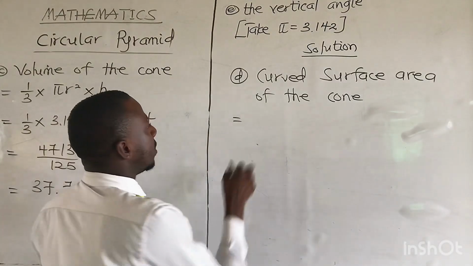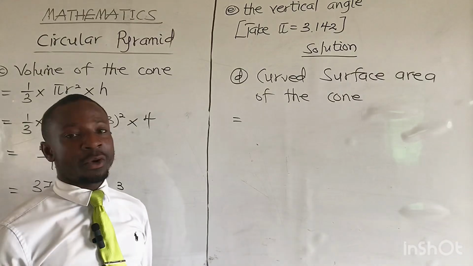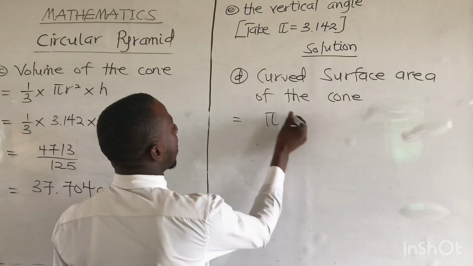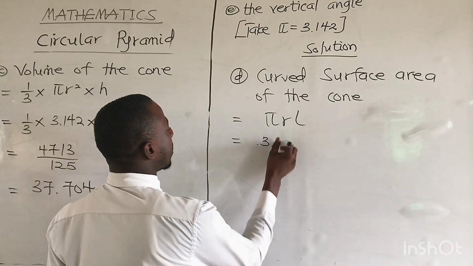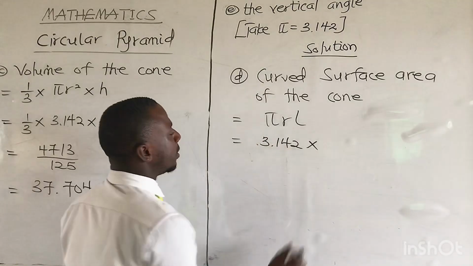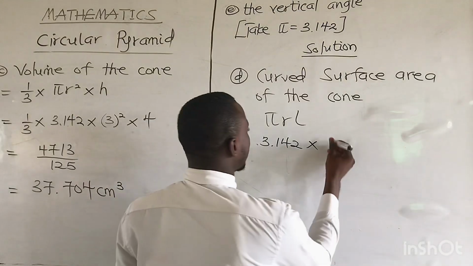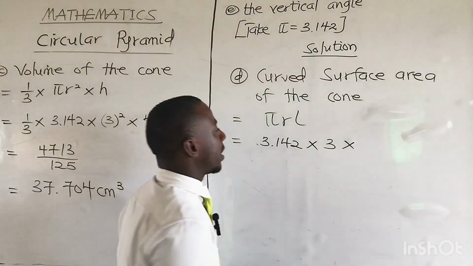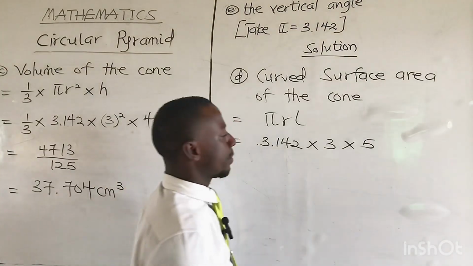So we also said that the curved surface area of the cone is given by pi RL. So we have 3.142 to be the value of pi. The radius, we have 3 multiplying the slant height, which is 5.